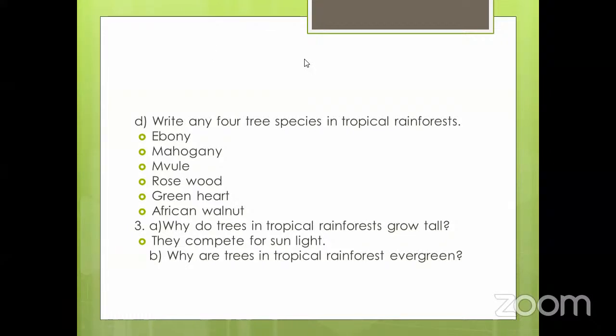Why are trees in tropical rainforest evergreen? Who can give us the response? Put up your hand, please, and you tell us if you know.